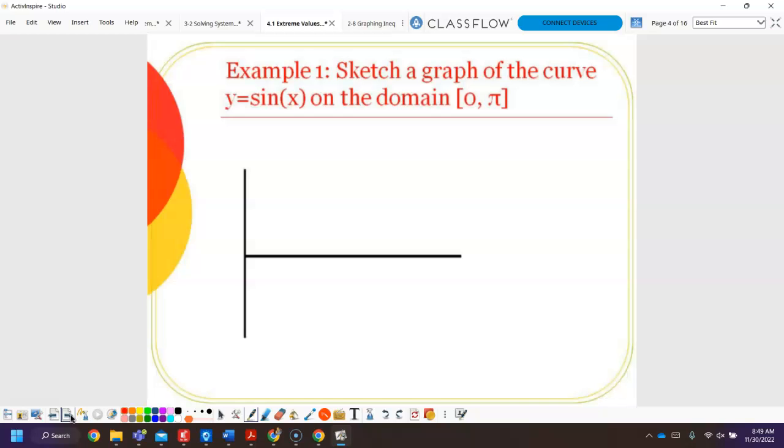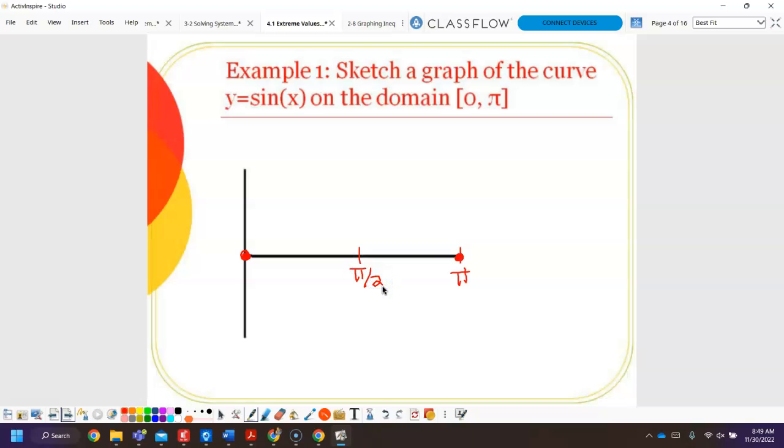So if we only want to look at the curve from 0 to pi, get your key points in there. At 0, sine is 0. Sine of pi is also 0. And then in between 0 and pi is pi halves.